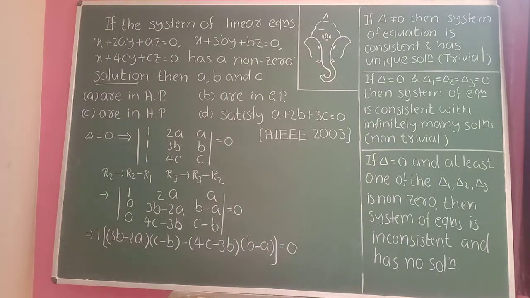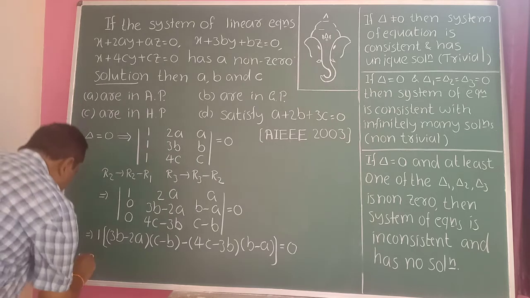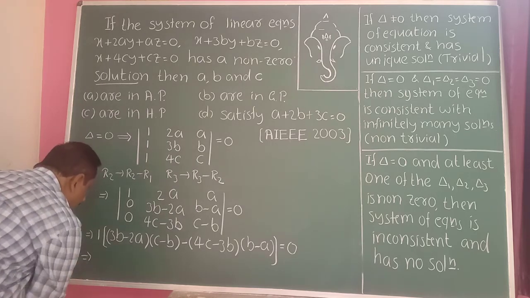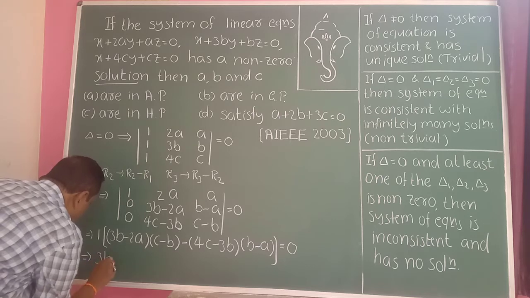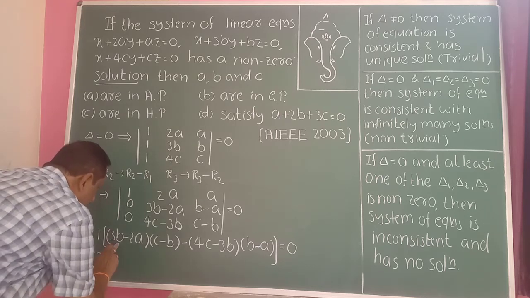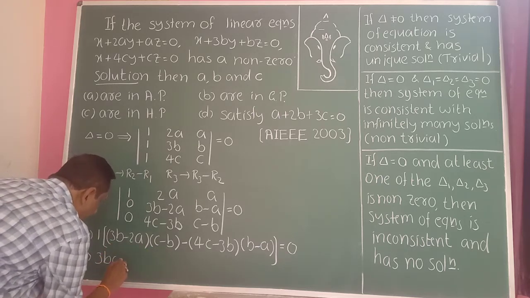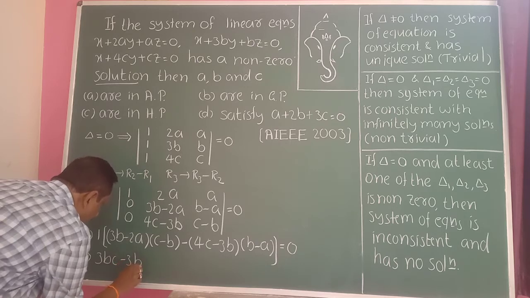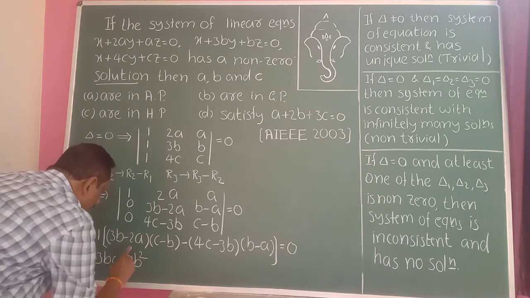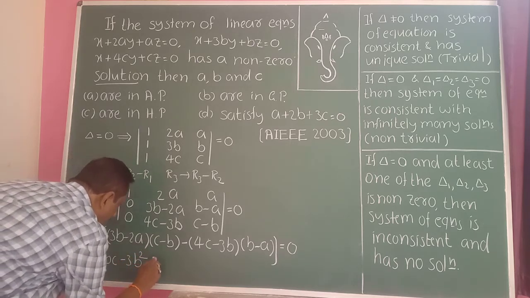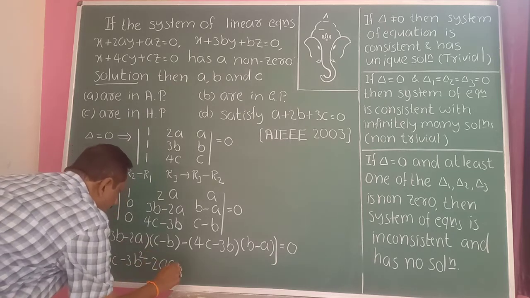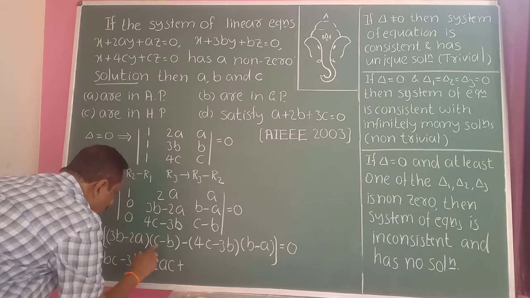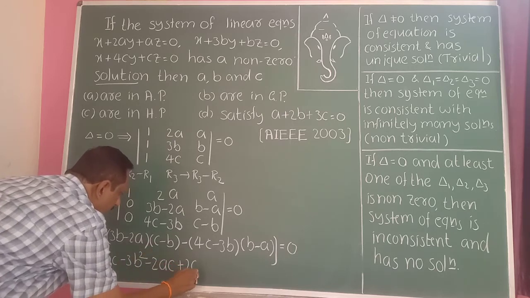Then multiply the terms here. 3b into c becomes 3bc. 3b into b, minus 3b square. 2a into c, minus 2ac. Minus into minus becomes a plus, 2a into b becomes 2ab.